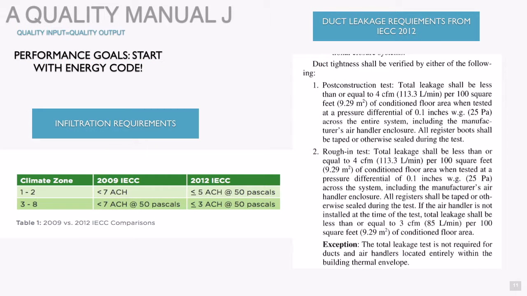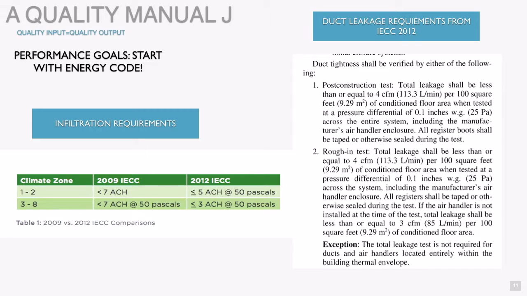So, next we're going to talk about the performance goals. That generally starts with energy code, and that's a minimum bar. And so if we're talking about our climate zone in Austin, Texas, we're in climate zone 2A, hot humid climate. And for ICC 2012, we've got an ACH, or air changes per hour, at 50 pascals of 5 or less. So that's our requirement.